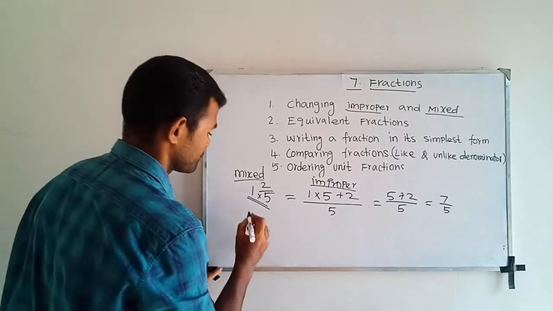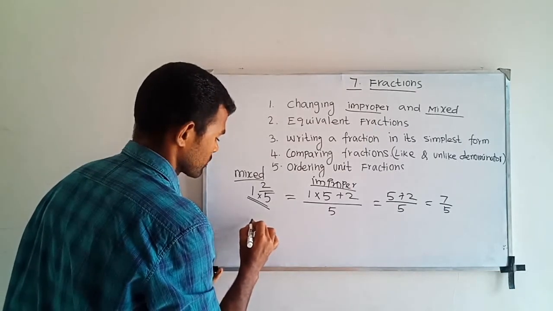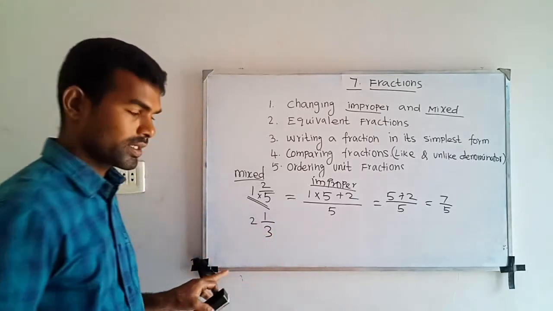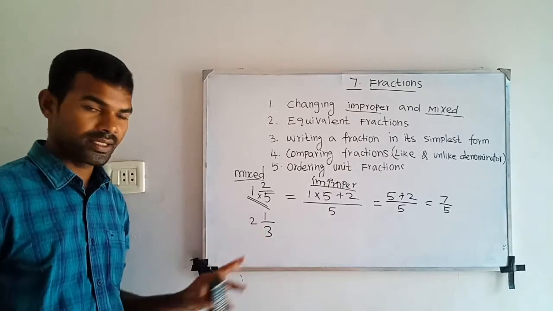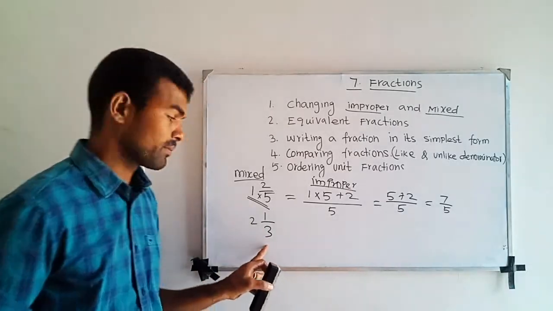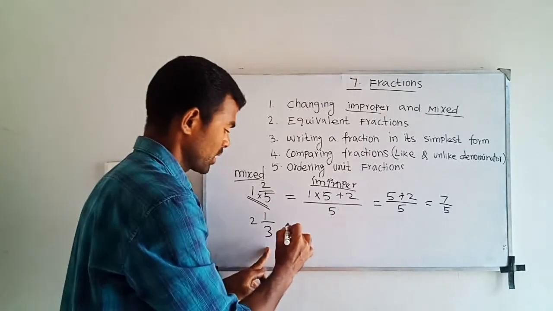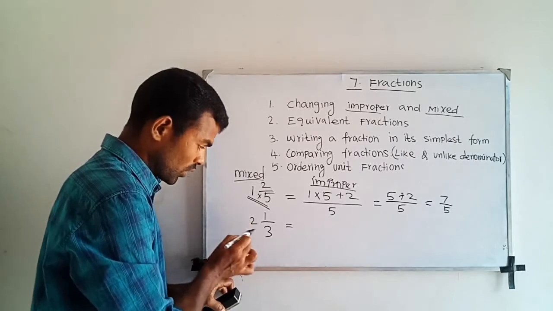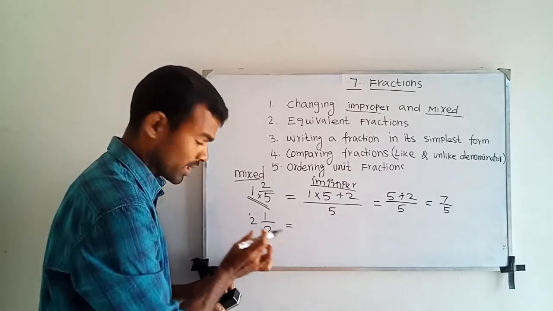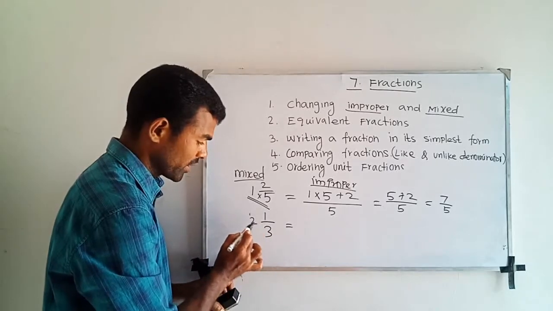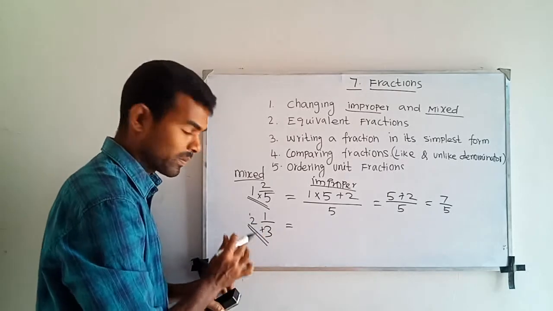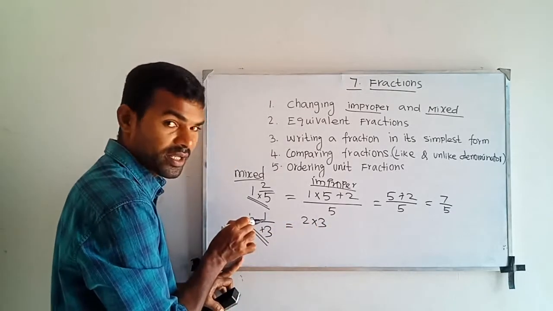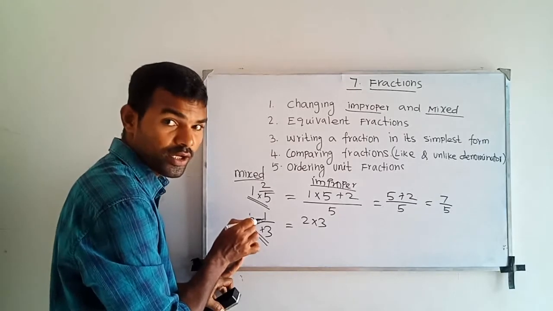Let us see one more. See the number 2 and 1 by 3. This is a mixed number. Change the mixed number into an improper fraction. How will we change? Same concept. Multiply the whole number and the denominator. 2 multiplied by 3. These two numbers you multiply. Then add the numerator.